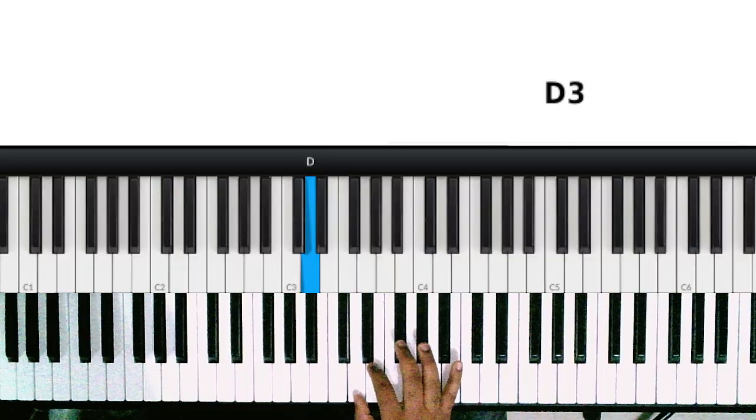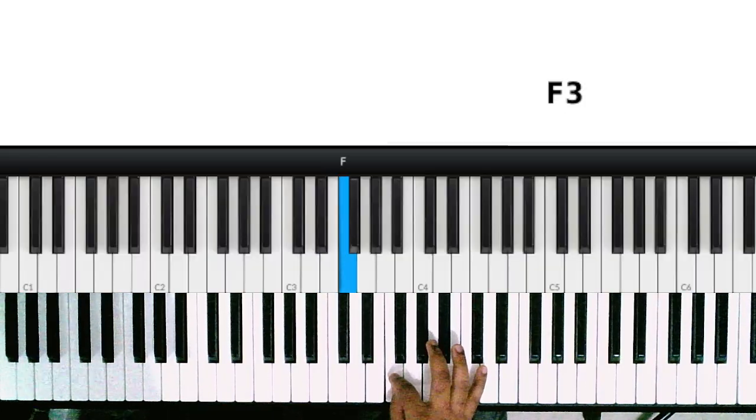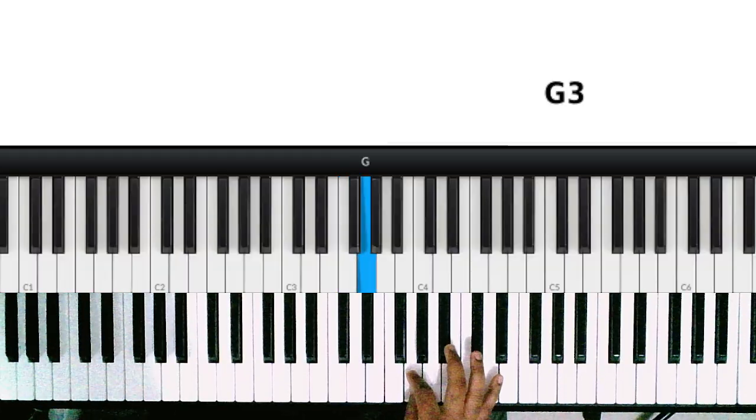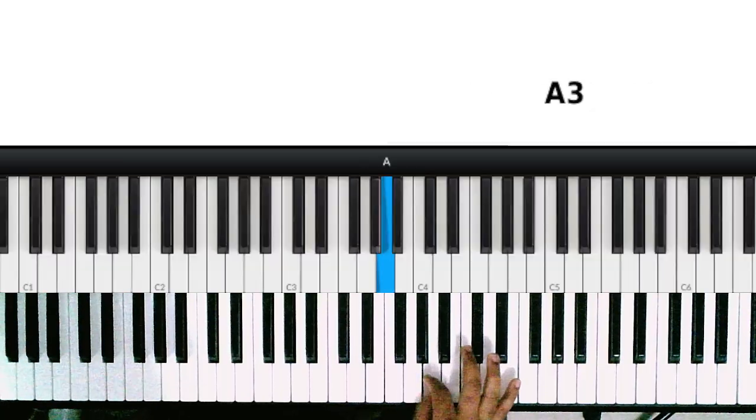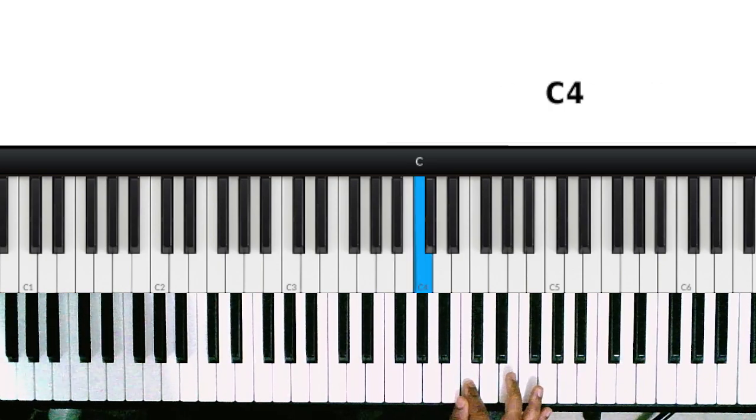D to E is a tone. And E to F is a semitone. F to G is a tone. G to A, tone. A to B, tone. And B to C is a semitone, like we discussed.